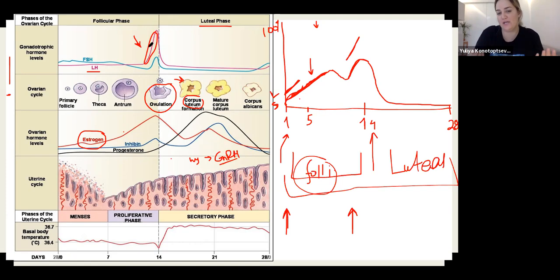This is called ovulation. The big question is, what causes the LH surge? Why is the LH surge happening? Next year in physiology, you're going to learn this amazing analogy. I love this analogy. If we imagine that LH is fire, estrogen is gasoline.